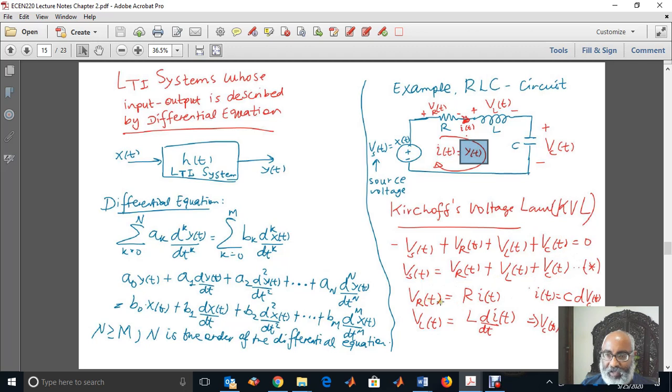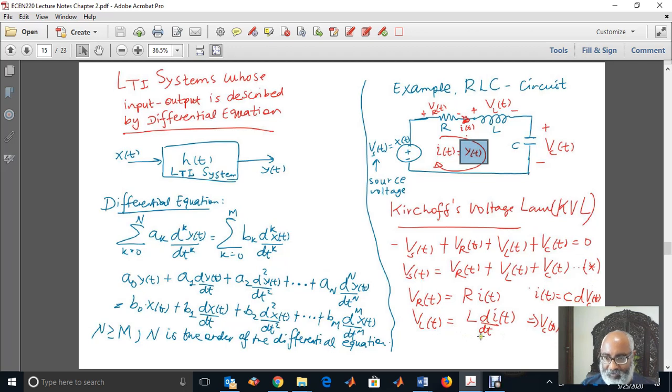Now, Vr of t is R times the current, because it's a series circuit, R times i of t. And i of t can be related to the capacitor voltage: i of t is C times the derivative of the voltage across the capacitor. VL of t is L di by dt. And Vc of t is 1 over C times the integration of the current.